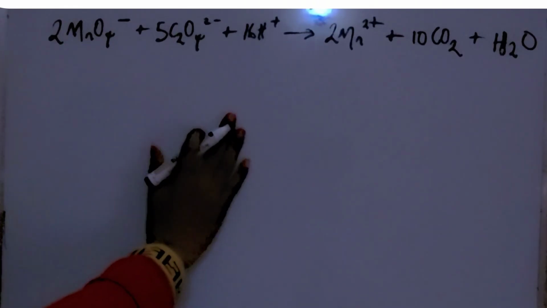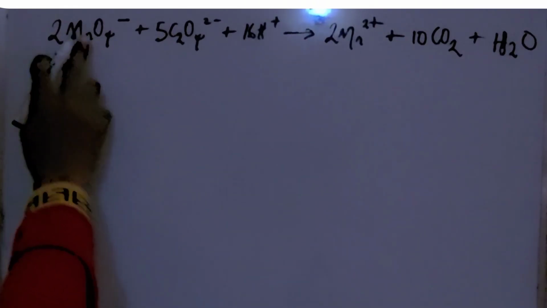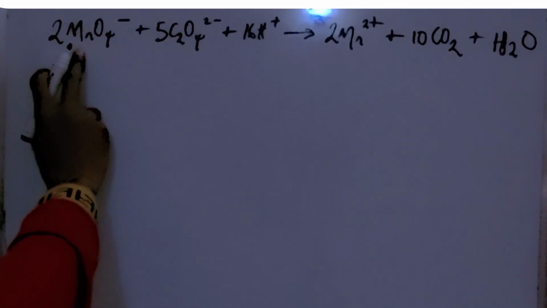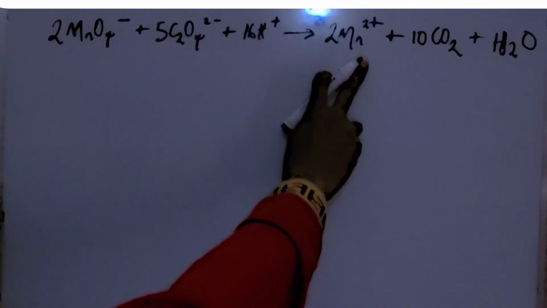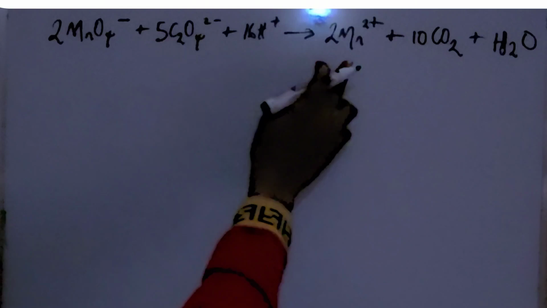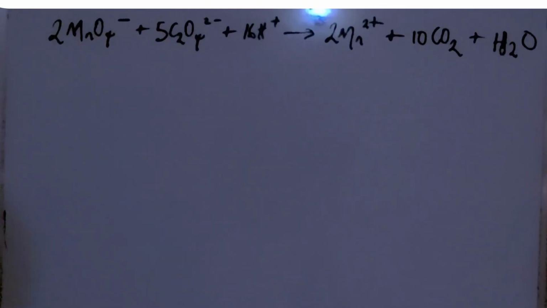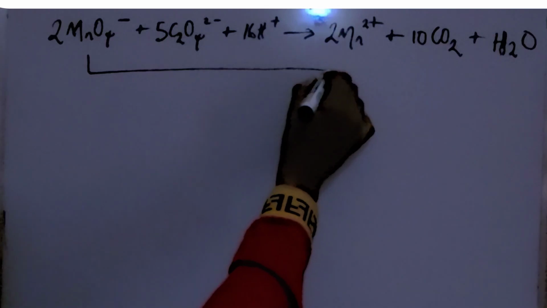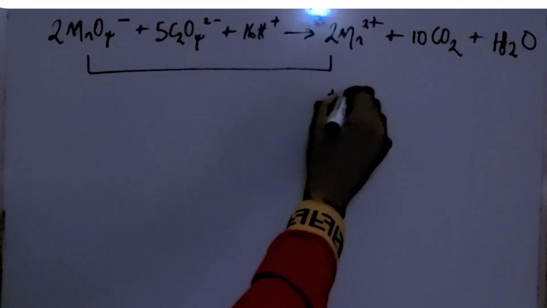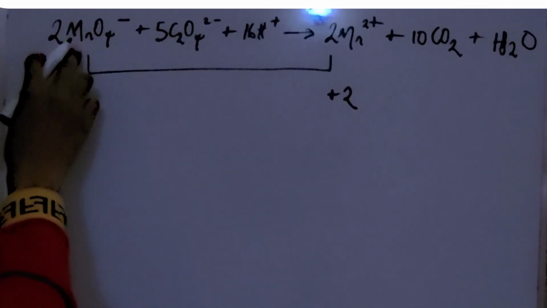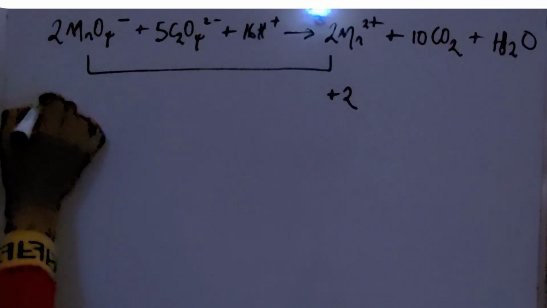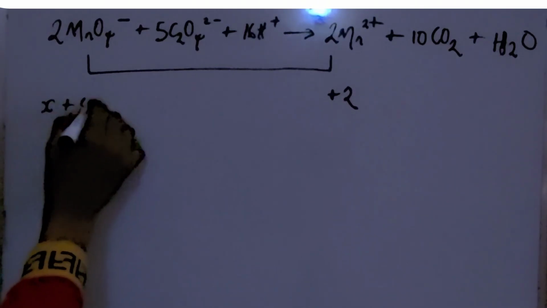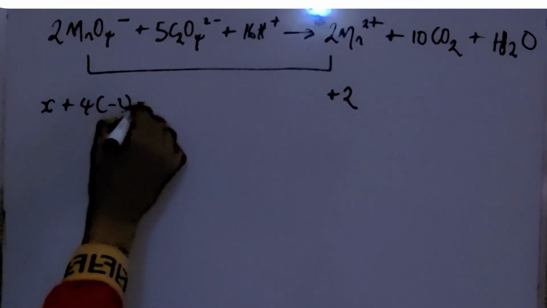If you observe closely, there's a reduction of the manganese ion from this to this. From what oxidation state to what oxidation state? We can actually calculate this. This is +2 oxidation state. What is the oxidation state of manganese here? So how do you do that? X plus 4 times minus 2 equals -1.